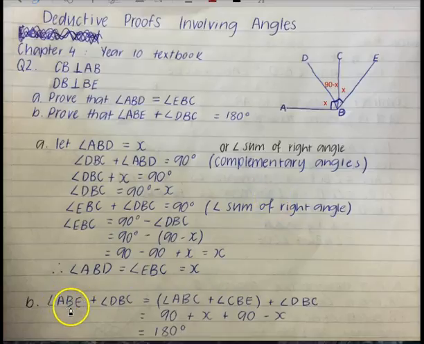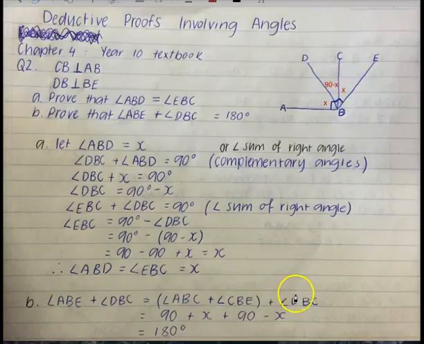So we say angle ABE plus angle DBC is equal to angle ABC plus angle CBE, that's what ABE is, plus angle DBC. We then replace the size of all of these angles. Now we know that angle ABC is a right angle, and we know that angle CBE is X, so we put that in.